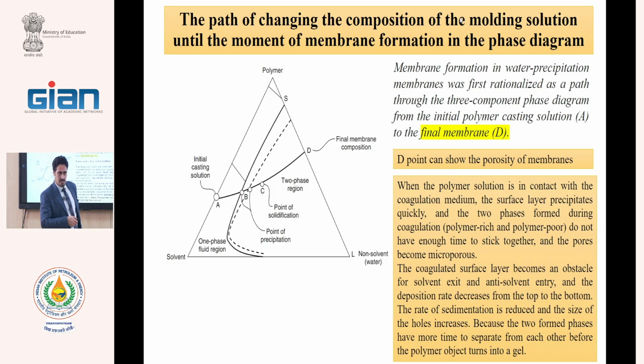usually titration is used. We have a polymeric solution. One drop of water is added, well mixed, and with light, the turbidity is measured.